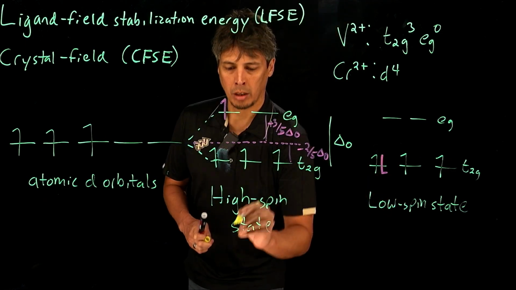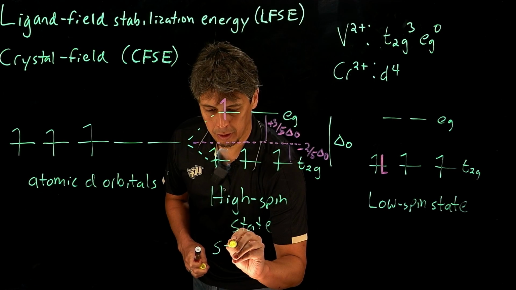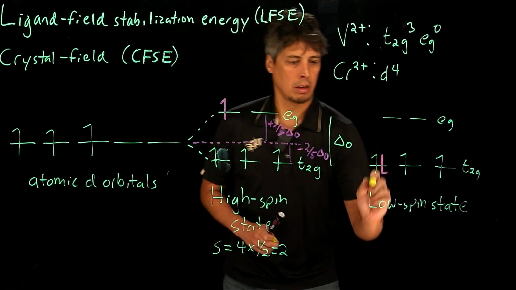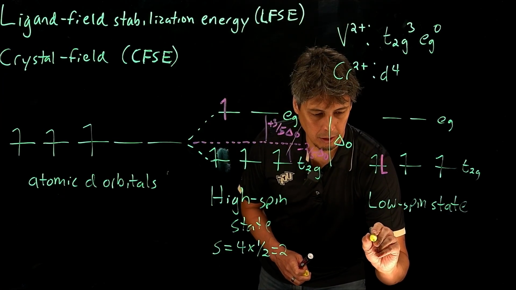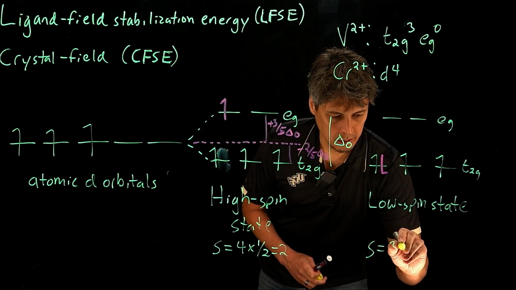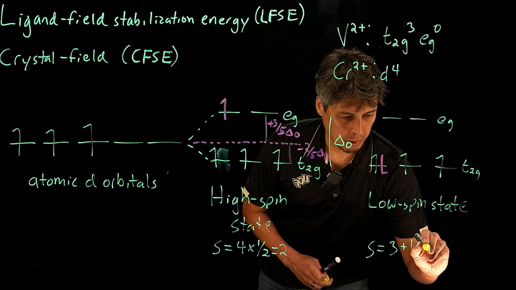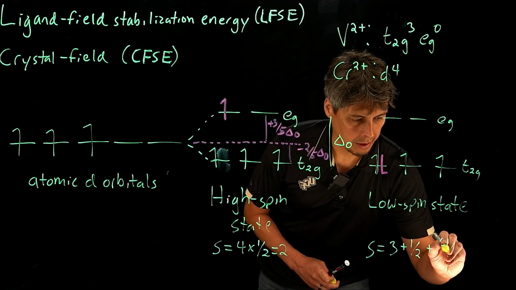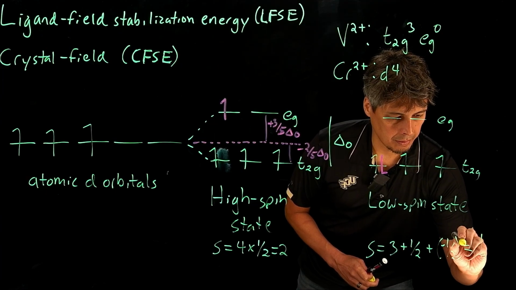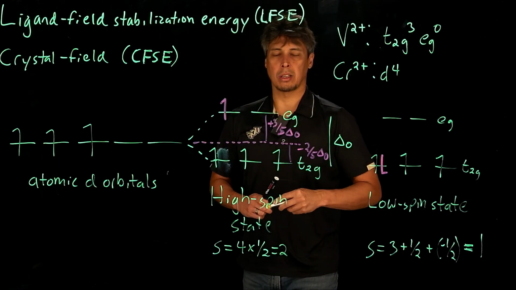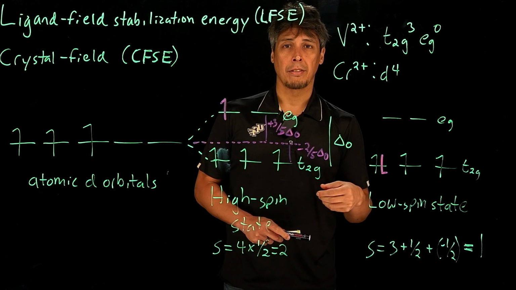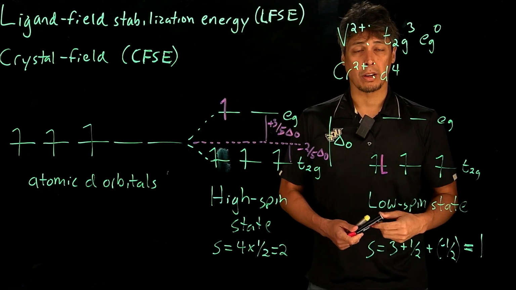This has a spin of 4 times 1/2 equals 2, and this has a spin of 3 times 1/2 plus -1/2, which is equal to 1. The reason we call this the high spin state and the low spin state is because this one has the higher value of spin versus this has the lower value of spin.